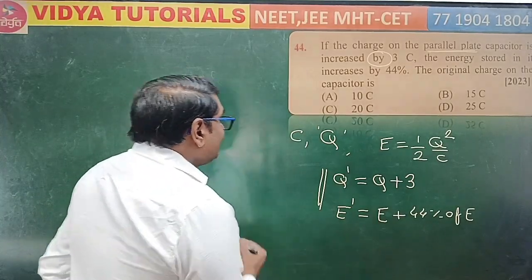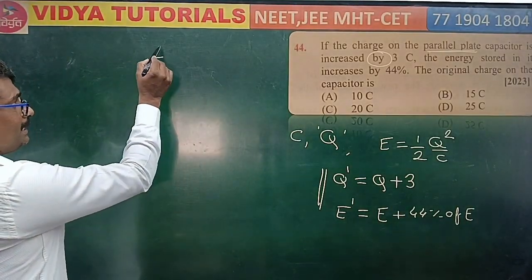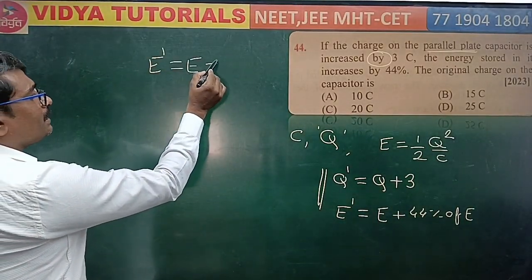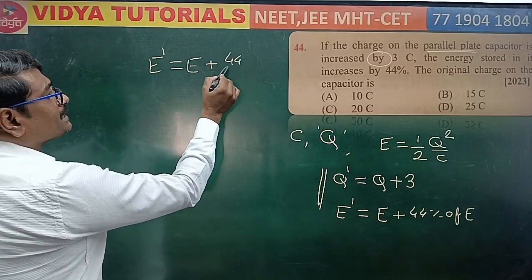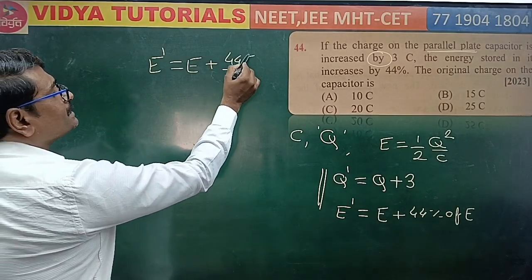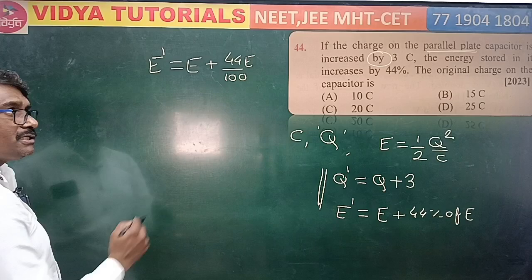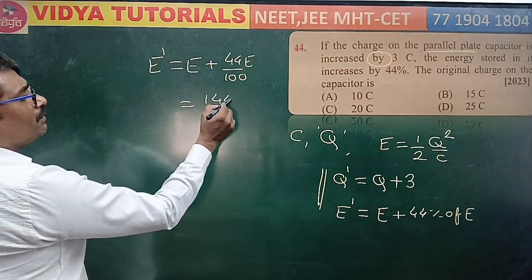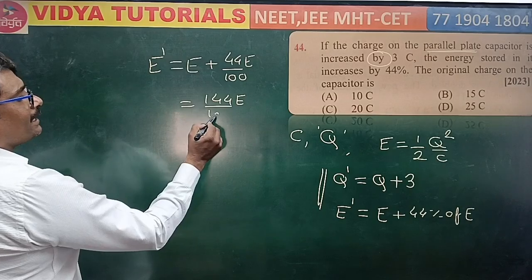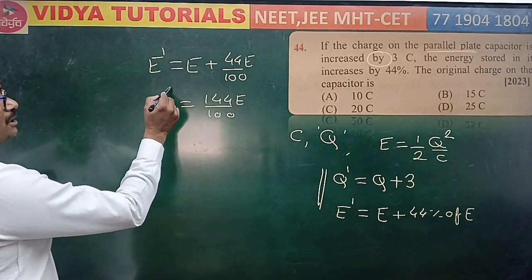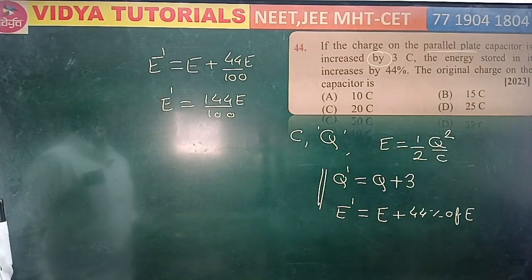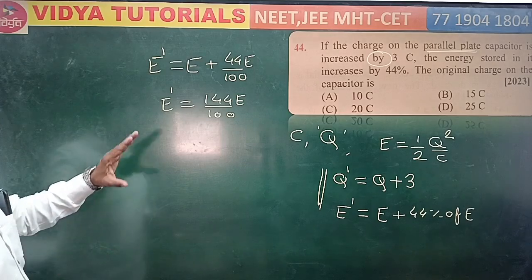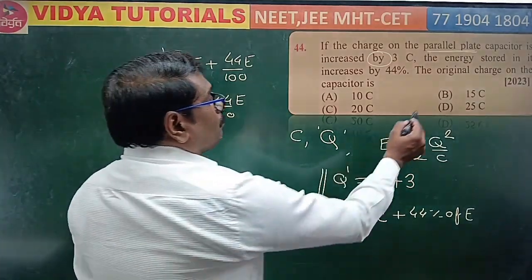It means that if we solve it, new energy is equal to original energy plus 44% of original. It is written in this way mathematically. After the simplification, it becomes 144 E upon 100. That is called E dash. Yes or no? Now we have to find the original charge.